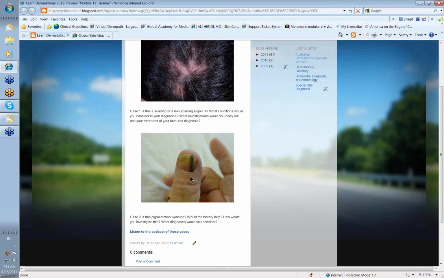You can either take a 3mm punch and go straight through that, or you can reflect the skin here and selectively punch without the overlying epidermis. But you need to go pretty deep, almost down to the bone, and it's not an easy area. If you reflect this, you can do an incisional biopsy into the matrix and close it. But in most cases, if you're doing a 3mm or less punch, you won't leave any permanent defect there.